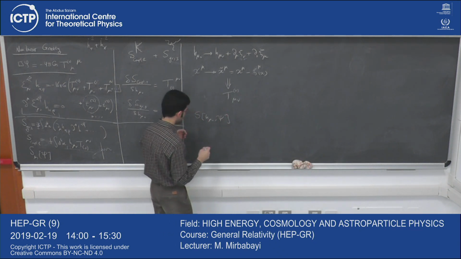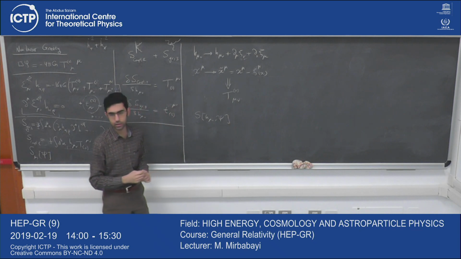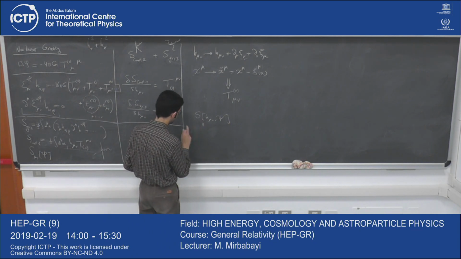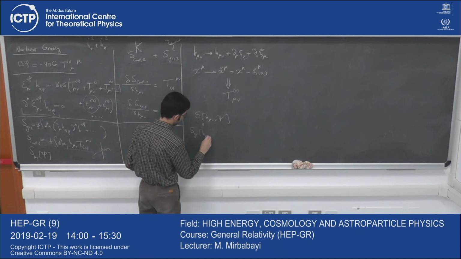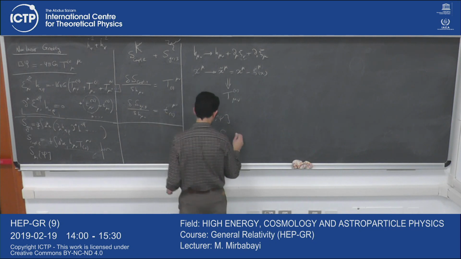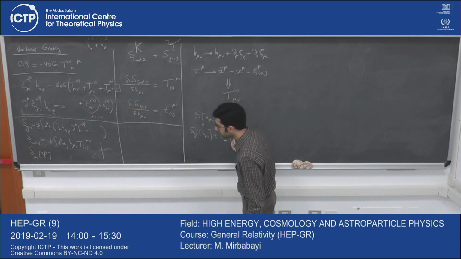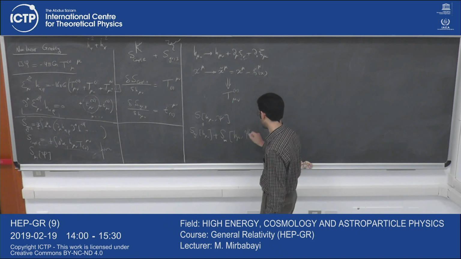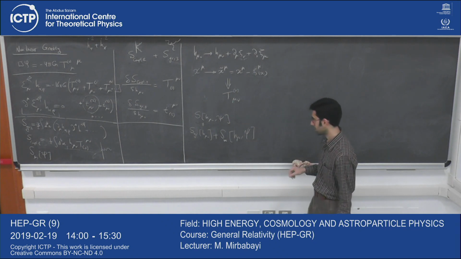So now we can break this task into two parts. We can divide this action into a gravitational action plus a matter action. Now it's a different matter action because I'm also including h mu nu in here.